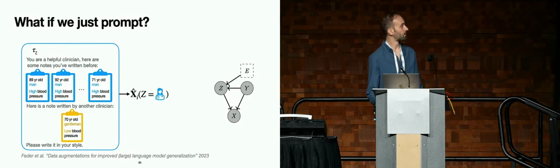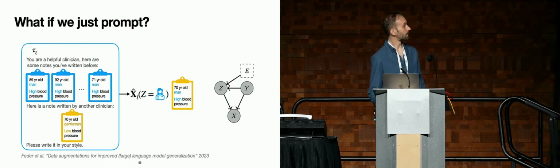What we obtain is a counterfactual note that switches man, but it also switches the high with the low. If you remember, low blood pressure is the medical content that we want to preserve, but this type of model doesn't know how to distinguish between what is a medical fact and what is actually writing style, so it might switch both. This is maybe a toy example.